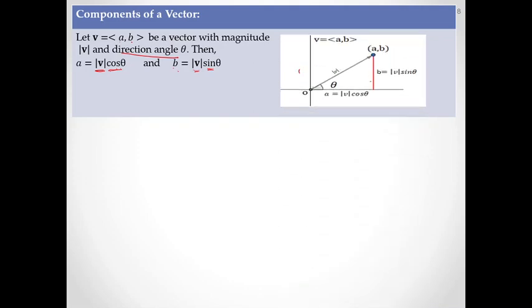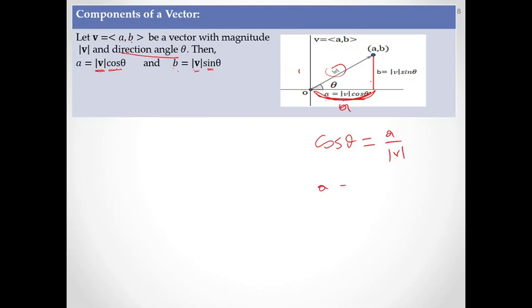Now, in the first quadrant, this is the situation. This is V, the absolute value of V, and this is theta. So we can say A is V times cosine theta. This is easy to see because cosine theta is what? If this is A here, then A over the absolute value of V, the length of V, is equal to cosine theta.